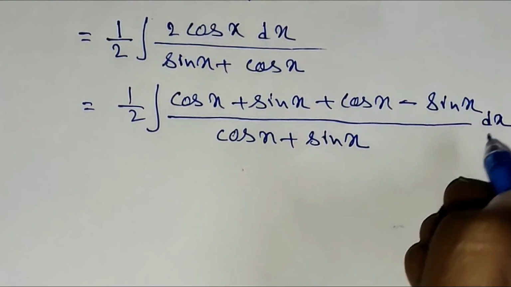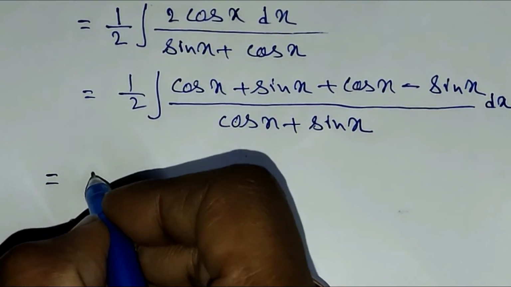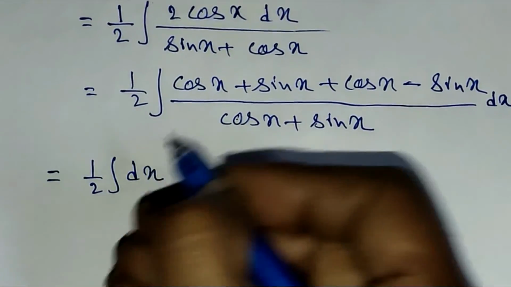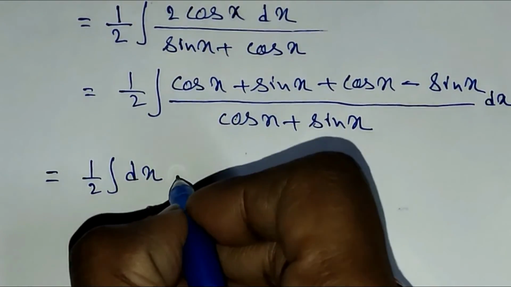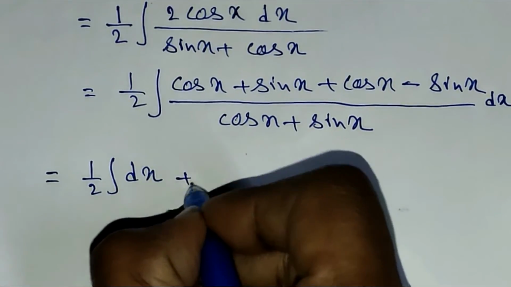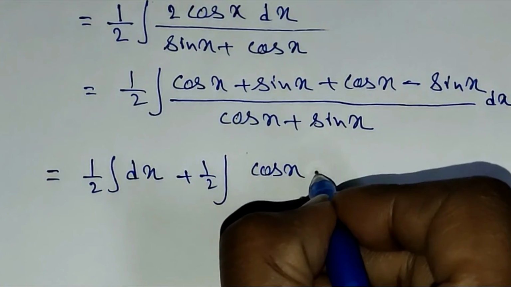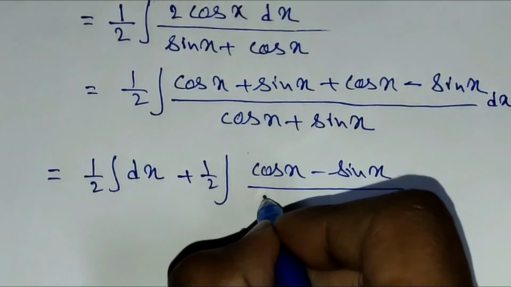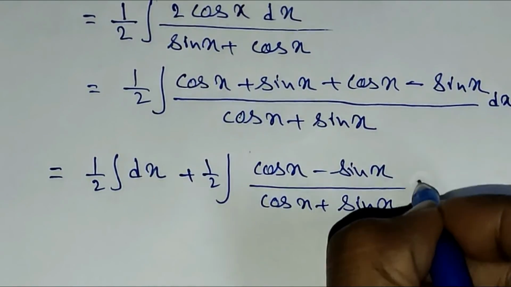into dx. Now this equals to, if we separate them, we will get half integration dx as cos x plus sin x by cos x plus sin x, plus half into integration cos x minus sin x divided by cos x plus sin x into dx.